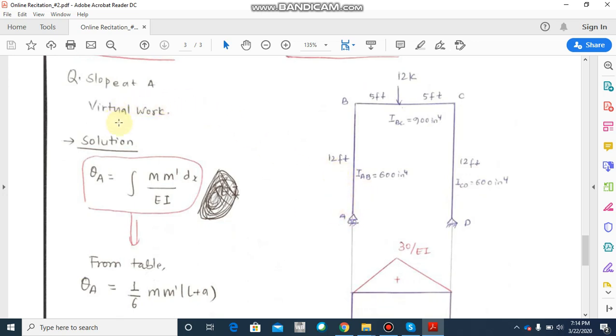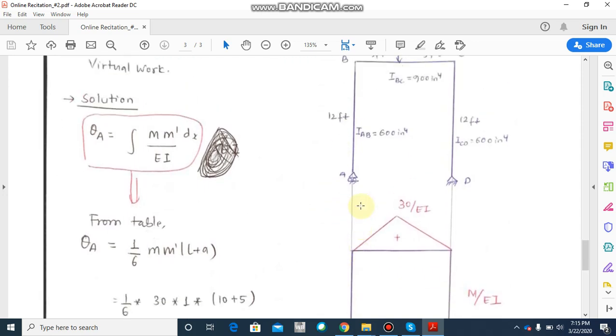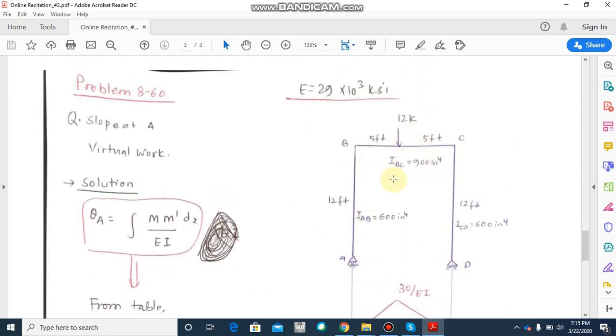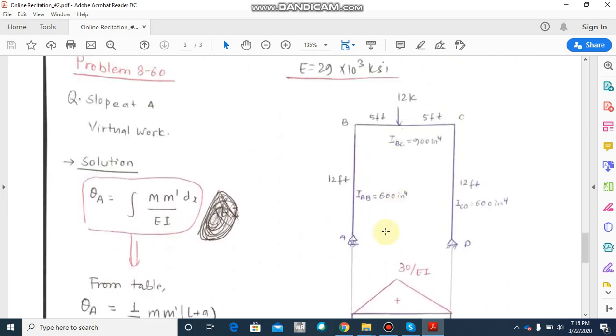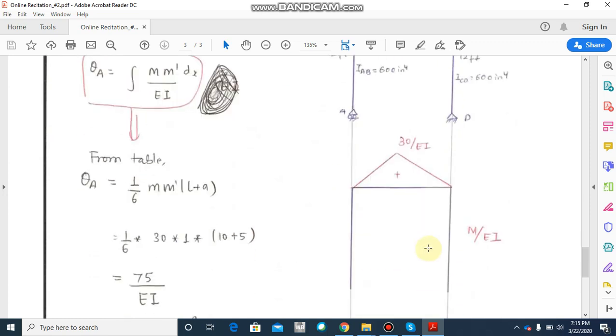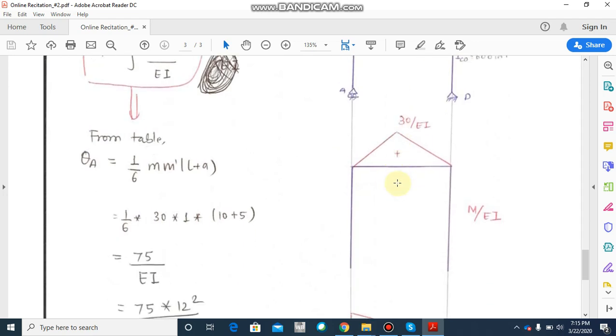By solving a problem using virtual work method, first we need to draw the M by EI diagram under the external loading. So if we draw the M by EI diagram of this system, we will get this kind of figure, with coordinate 30 by EI at its peak. And again we need to draw the M by EI diagram under virtual load.